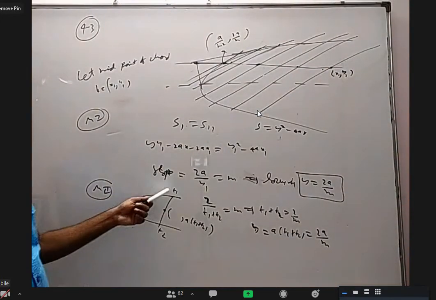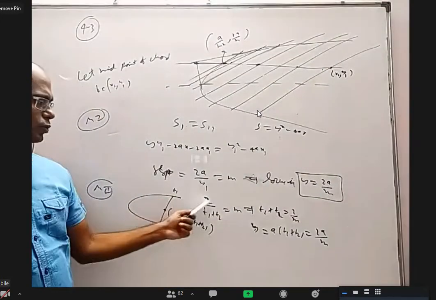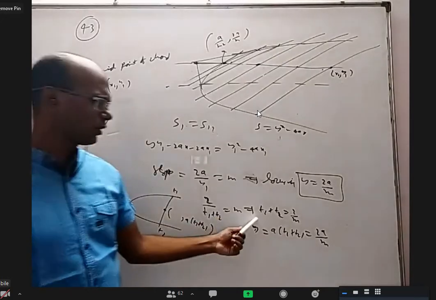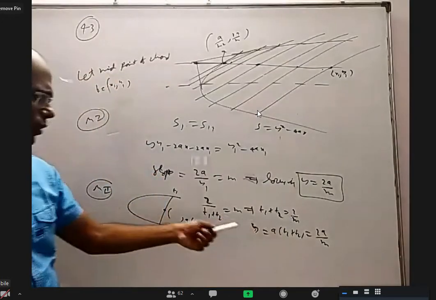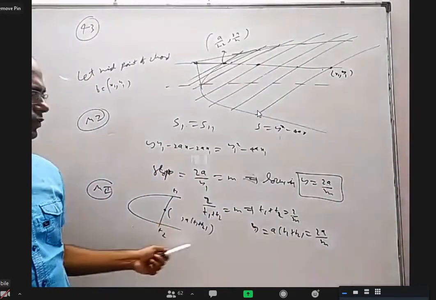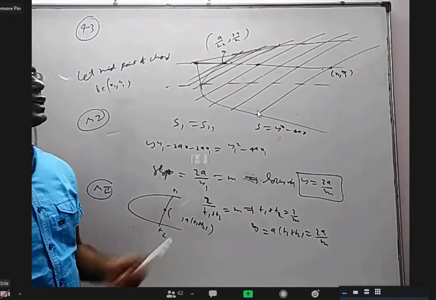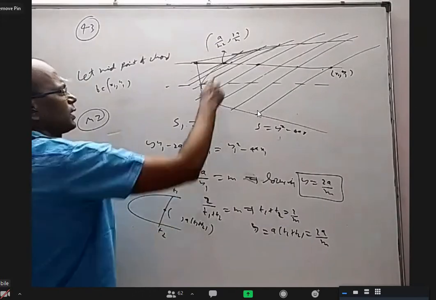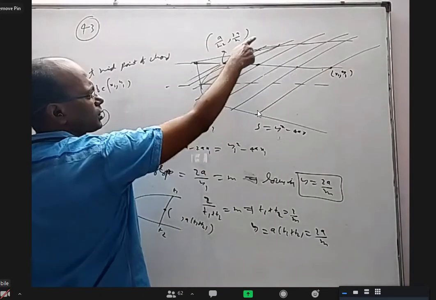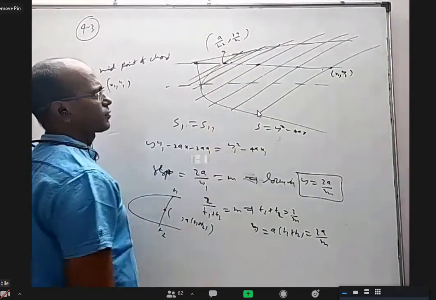Another method is to take this side t1, this side t2. Slope is 2 by t1 plus t2 equals m. So t1 plus t2 is 2 by m. And once t1 plus t2 is fixed, its y coordinate is fixed. Every time the y coordinate of this point is y equal to 2a by m. So it is a horizontal line. Apart from that, at this point where this line is meeting, the tangent is parallel and has slope m.